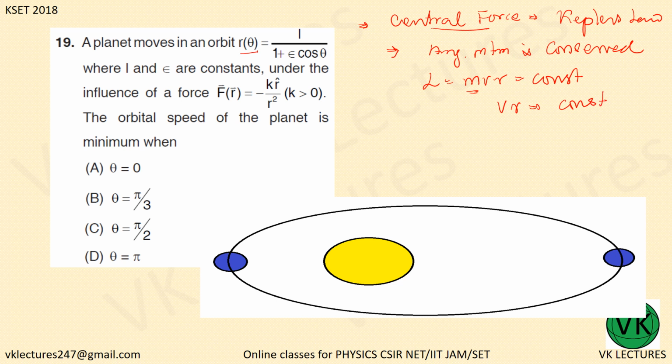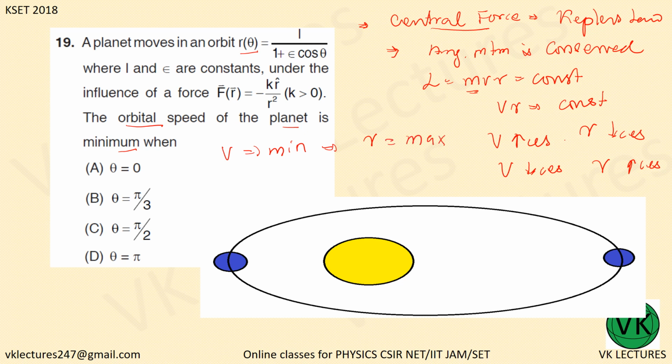That means when v increases, r decreases, and vice versa. When v decreases, r should increase. Now the question is, orbital speed of the planet is minimum. That means when v is minimum, we can say r should be maximum.